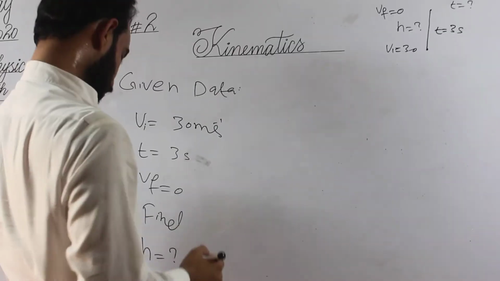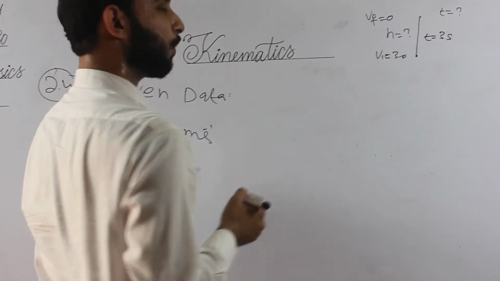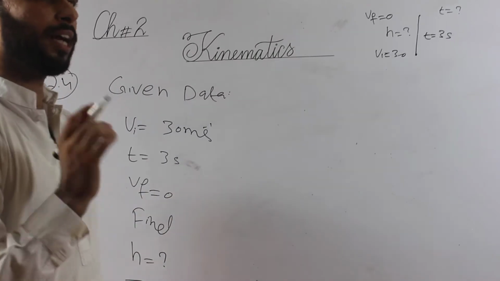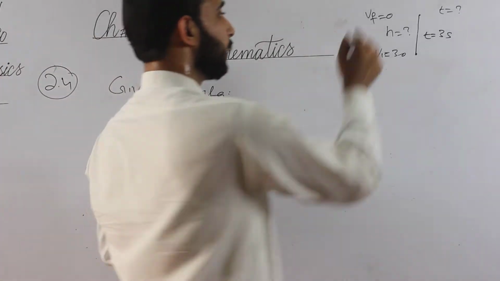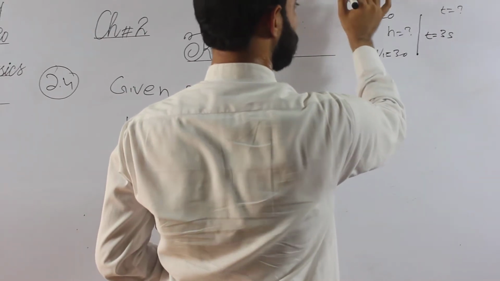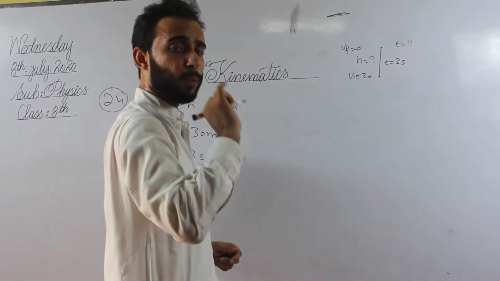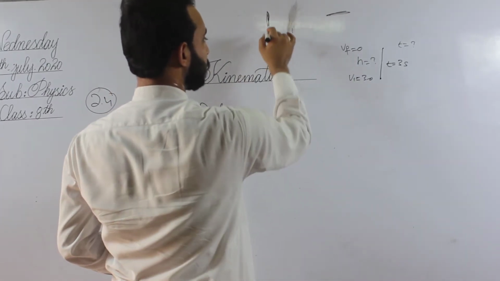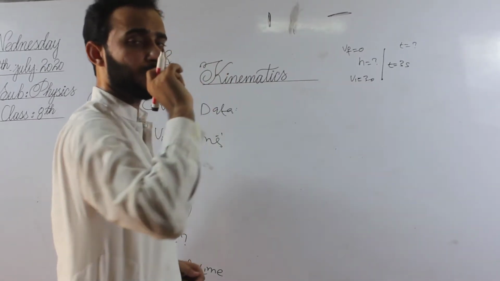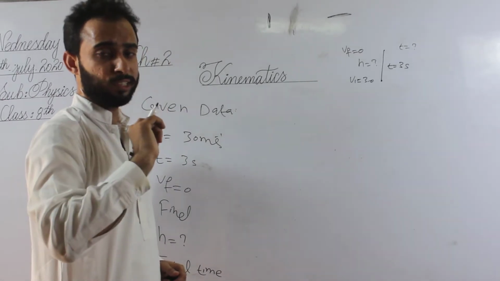Here we apply the second equation of motion. But I tell you one thing: if anybody moves along the x-axis, then acceleration is produced, but if anybody moves along the y-axis, along the vertical, then gravitational acceleration is produced.